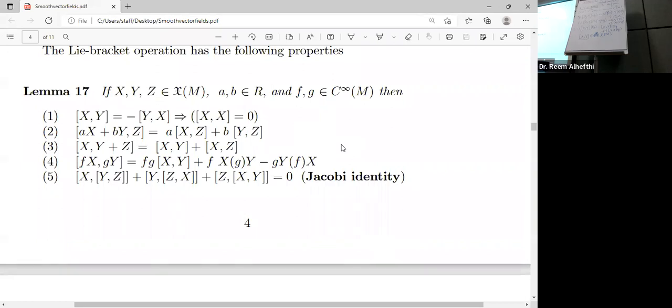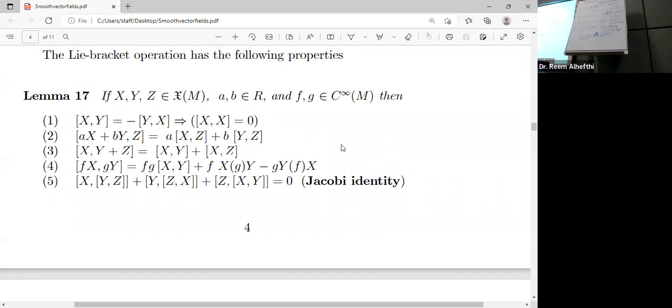But the best way is the following. You operate this on some function h and expand using the definition. Then you will see all these things operating on h. For all h, so remove h and you get this identity. All right? They are straightforward, anybody can verify it.